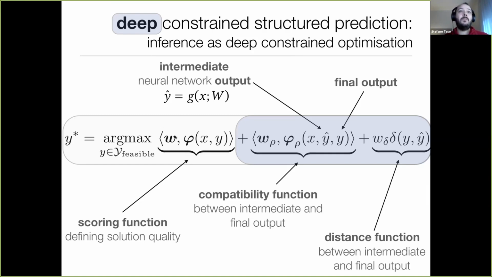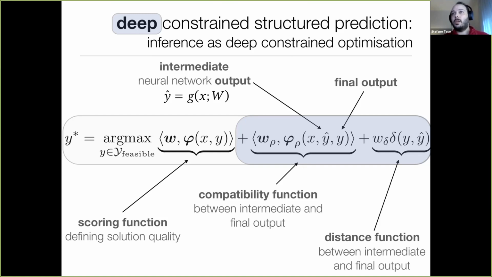This is done again by solving an inference-like problem, where here you see there are three terms. On the left, we are looking for the complete output y, so the equation y, let's say, that has maximum score, just like in the original structured output prediction problem, and this is the first term. And the two additional terms encourage the output to be compatible with the output of the neural network.